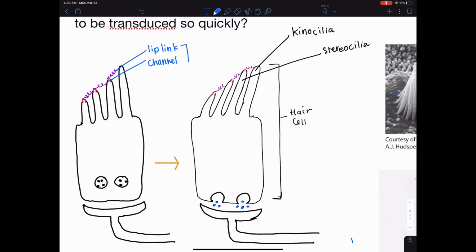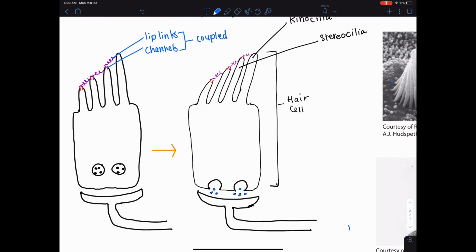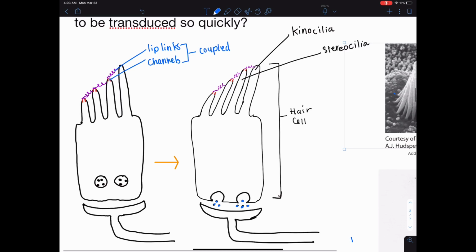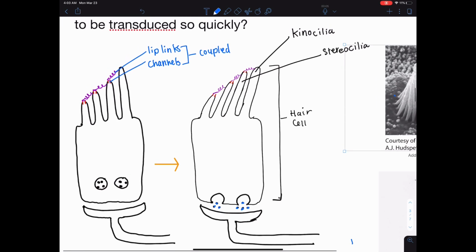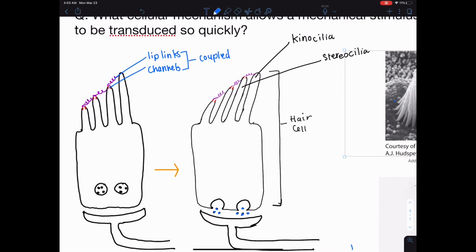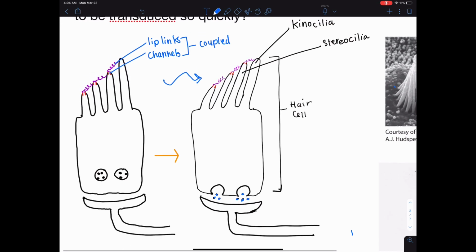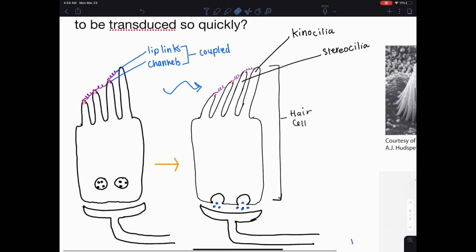So the tip links and the channels are coupled, meaning they act together. We're going to take a closer look at that down below, but just to remind you, when fluid in the cochlea runs over the stereocilia, you have this deflection towards the kinocilia of the stereocilia.